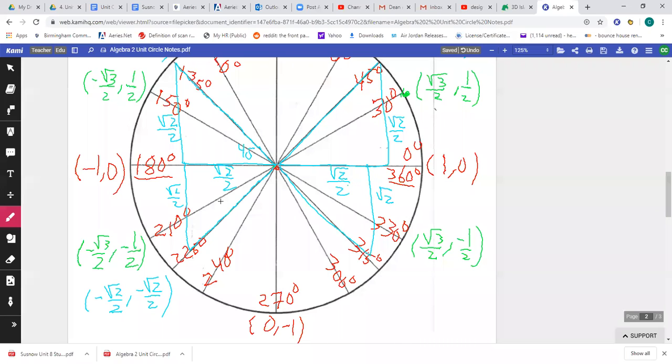This would still be the same x and y. But now that we're going to the bottom right, my x is positive, my y is negative. Okay, now I'm going to erase all my blue and we'll do the purple.